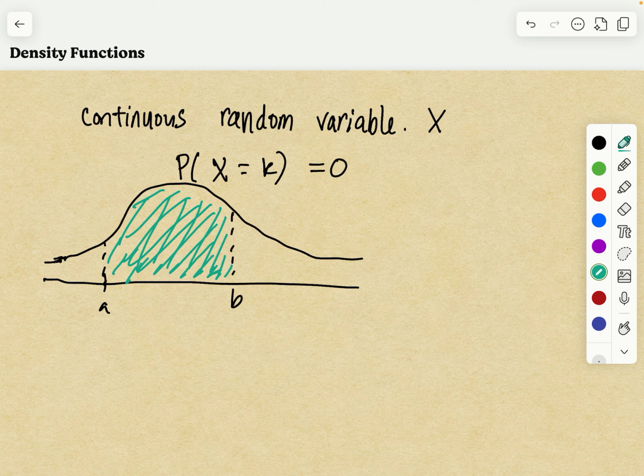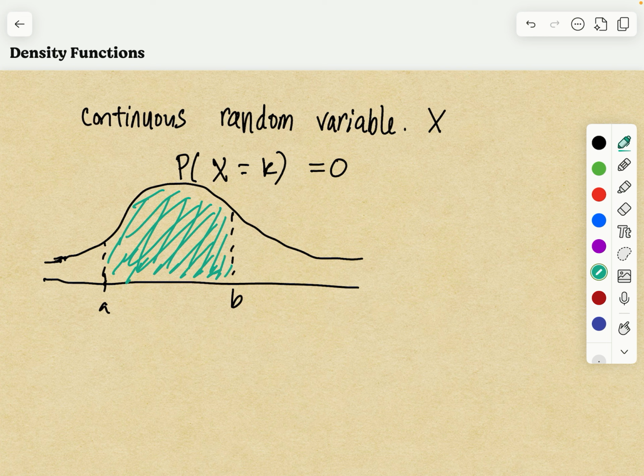That's counterintuitive, but by the laws of probability, it has to be that way. So one difference between the discrete and the continuous random variable is that when the probability is 0, that doesn't mean that it's impossible. That takes a bit of getting used to.